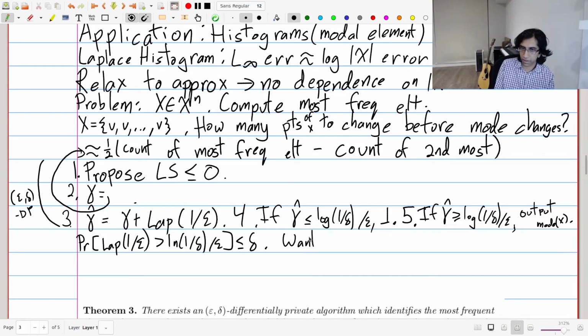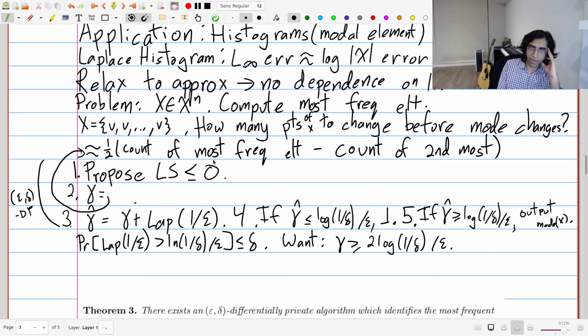So what we want, in other words, is that gamma itself, rather than gamma hat, is greater than or equal to 2 log of 1 over delta over epsilon. If that's so, then we'll output the mode with probability 1 minus delta. And what exactly is gamma? Gamma is half the count of the most frequent element minus the count of the second most frequent element.